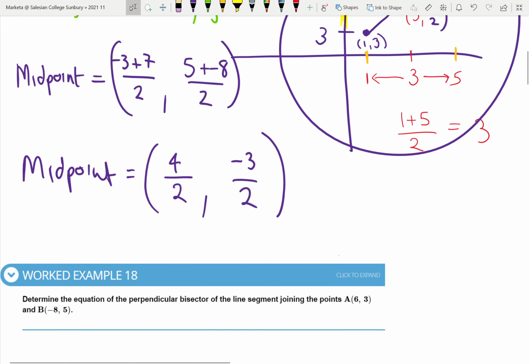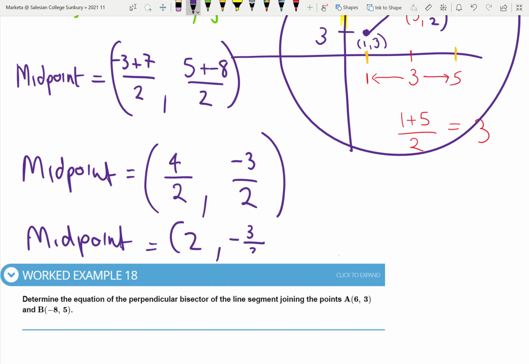So we certainly won't leave it like that. 4 divided by 2 is 2, and -3 on 2 we will just leave as -3 on 2. There's absolutely no need to write it as -1.5. And a rule of thumb is, 1.5 or -1.5 is exact, but if you're not sure what is an exact decimal, you shouldn't convert it, just leave it as a fraction.